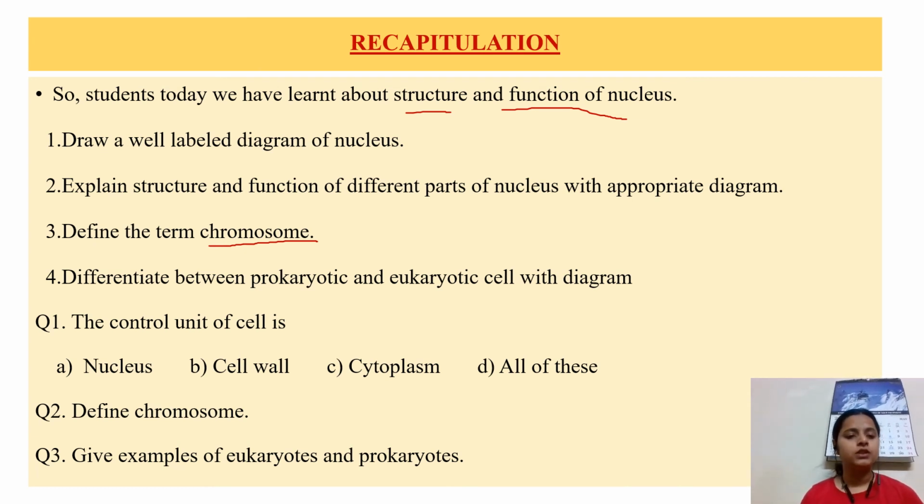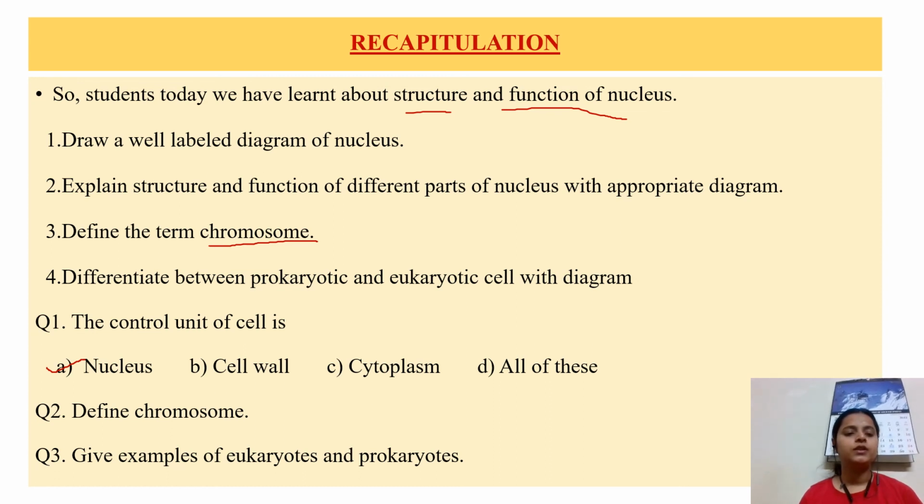So here is the first question for you: the control unit of the cell is. Option A nucleus, option B cell wall, option C cytoplasm and D all of these. Yes, you are right. It is the nucleus.